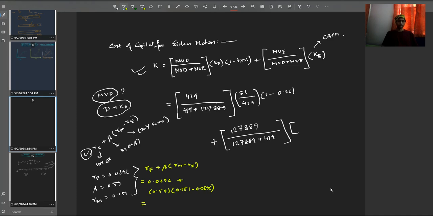This is equal to 0.048026 plus 0.0696. This is equal to 11.76%, 0.1176. So we can just plug in the value of cost of equity here, 0.1176, right?